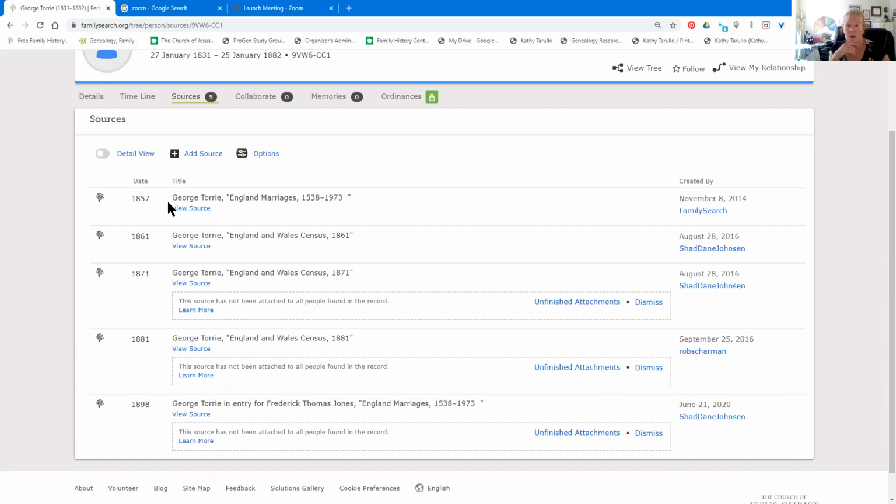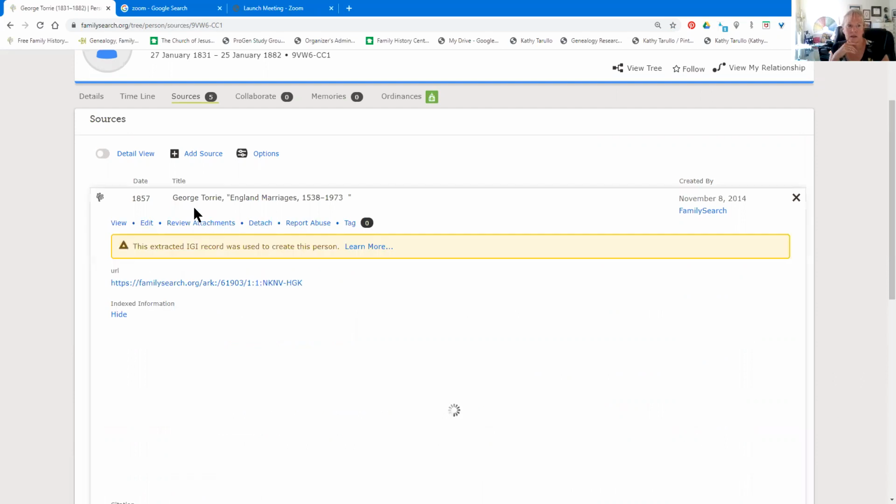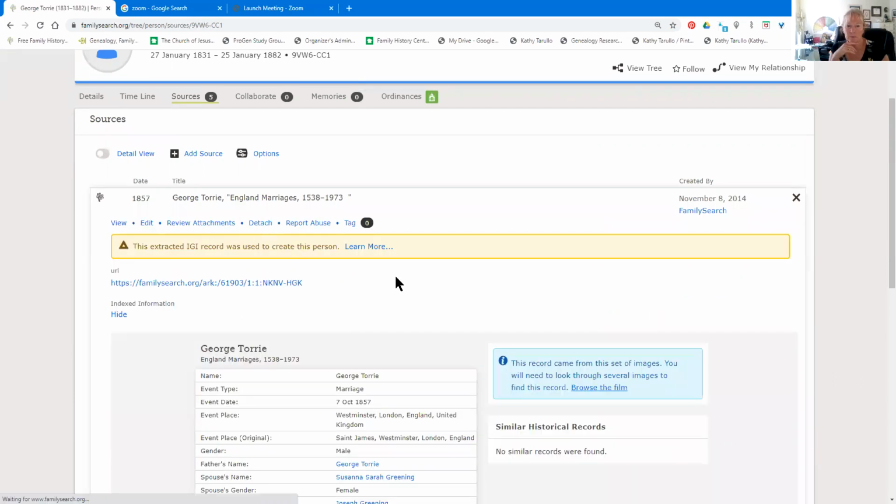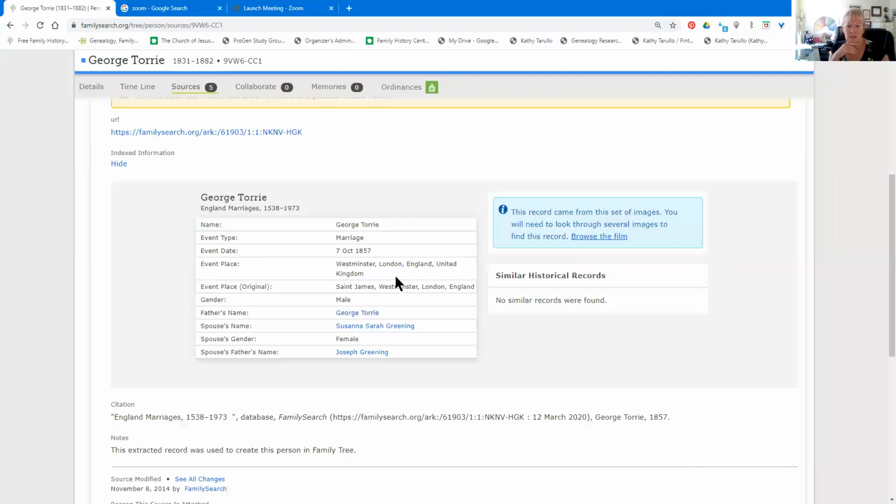So I could open up each of these and review what the record says. Here we see that George Torrey married Susanna Sarah Greening. George Torrey's father is George Torrey, and Susanna's father is Joseph Greening.